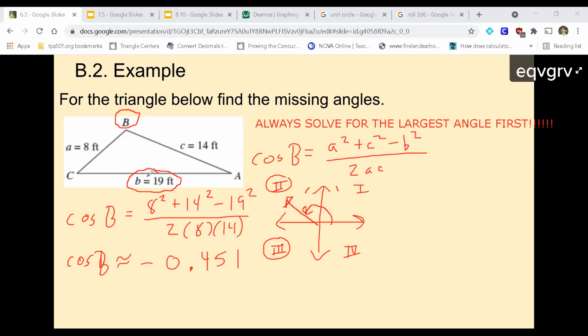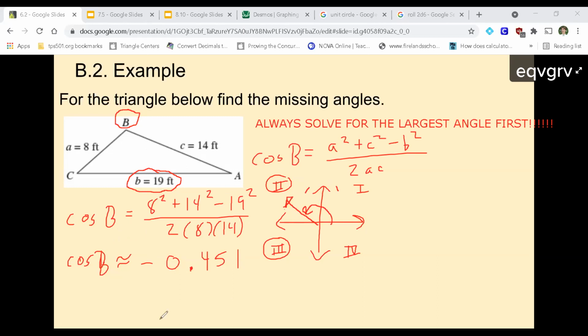So if there is an obtuse angle, it will have to be with the largest side, right? So when we solve for the largest side first, using cosine, we force our calculator to give us the only angle it could be, because this ratio turns out to be negative, and that's the angle in quadrant 2.